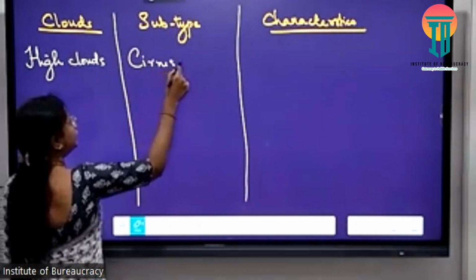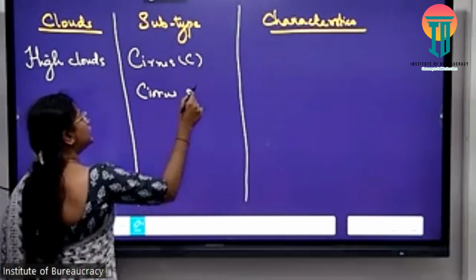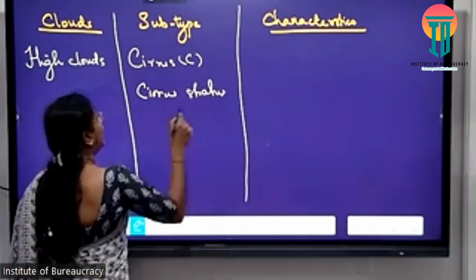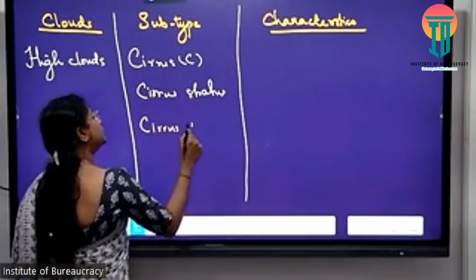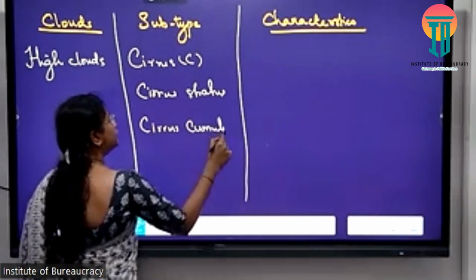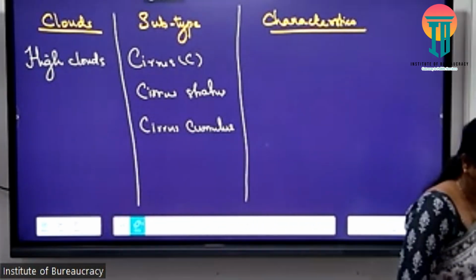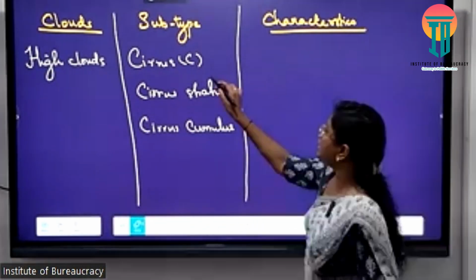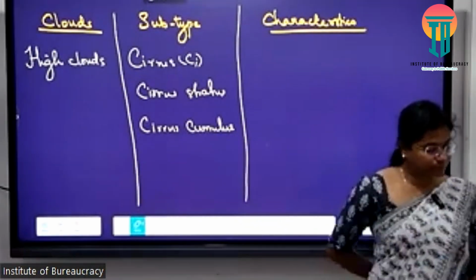Cirrus clouds, cirrostratus clouds, and cirrocumulus clouds. Okay, in the subtypes, the first one we write is cirrus. Cirrus is represented as Ci.